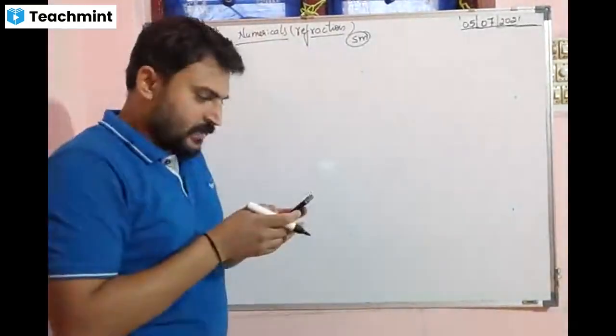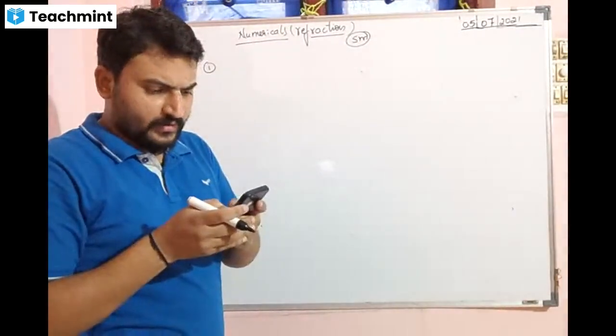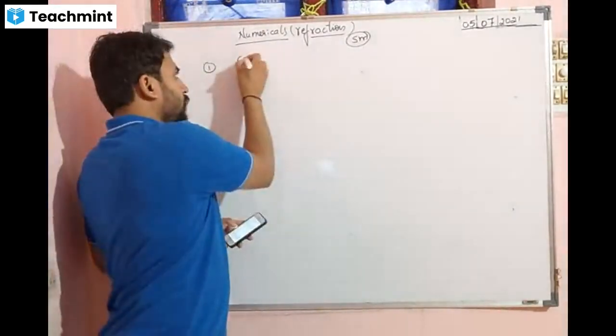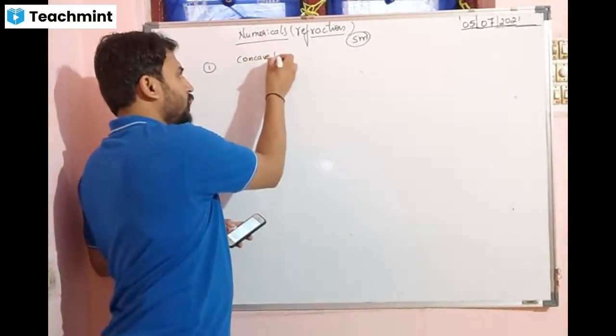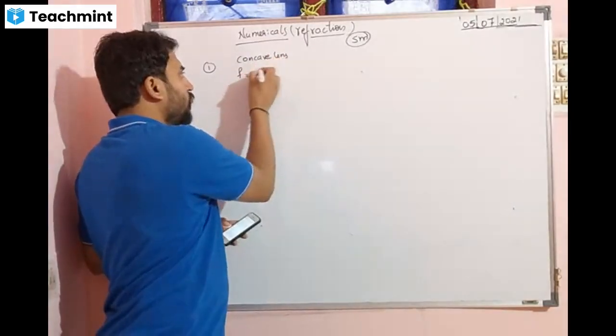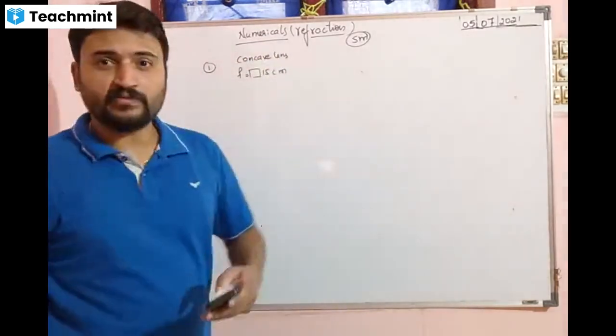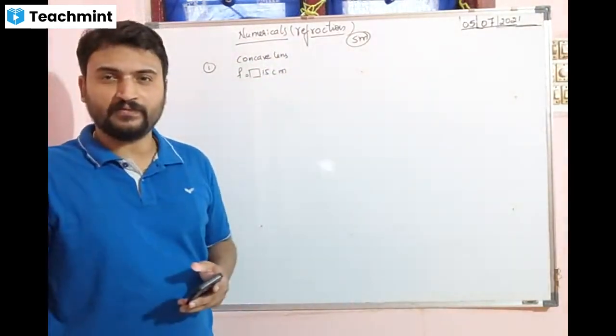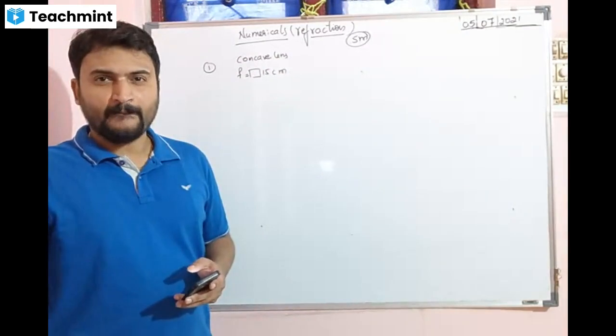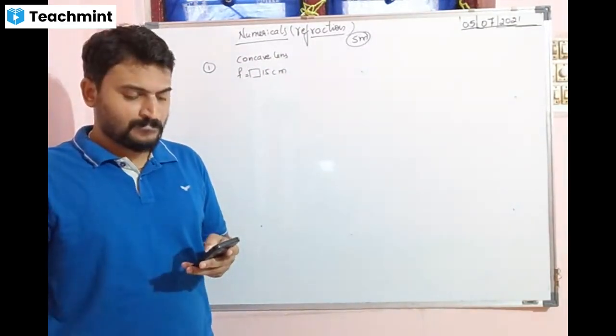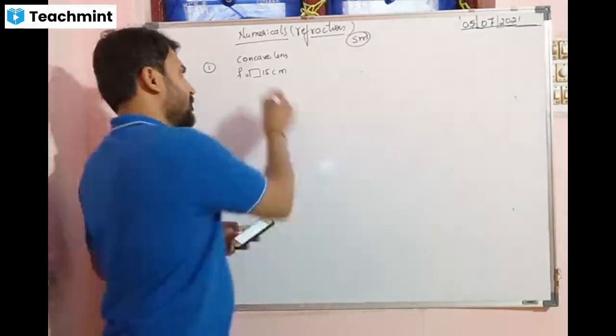Numerical 1. A concave lens has a focal length of 15 centimeter. So they have given a concave lens, f equal to 15 centimeters. Come on, tell me the sign now. Concave lens will have a positive sign or negative sign? Negative.